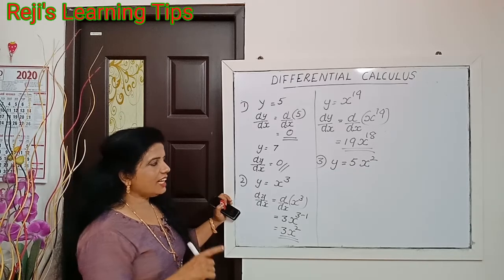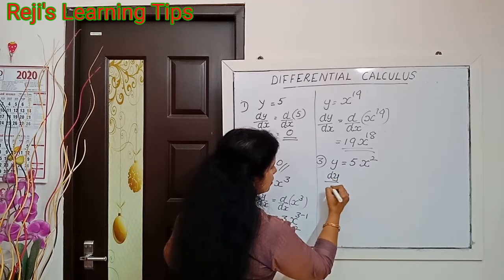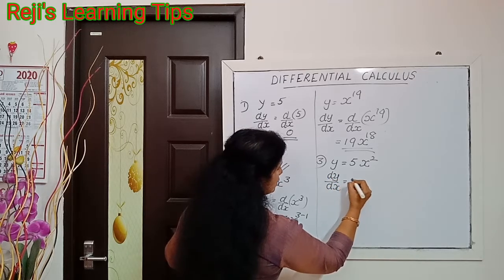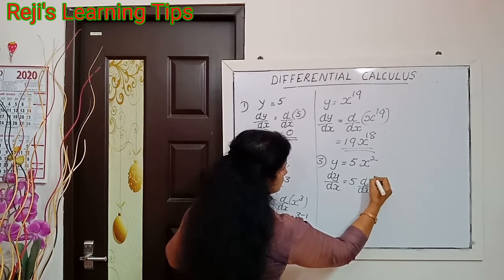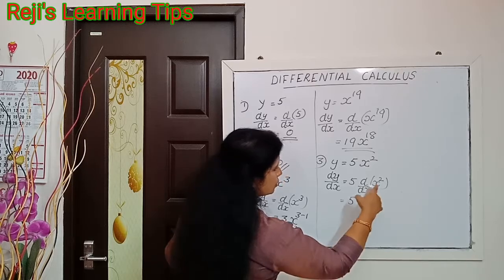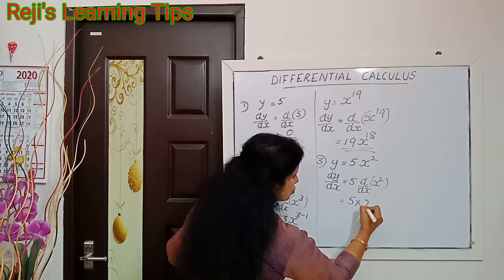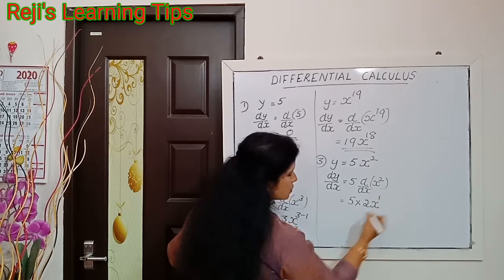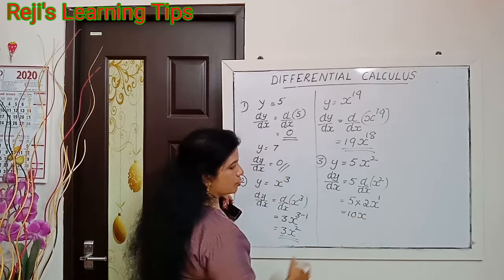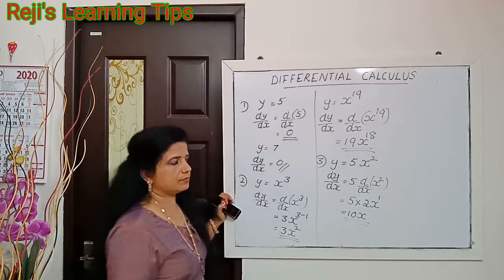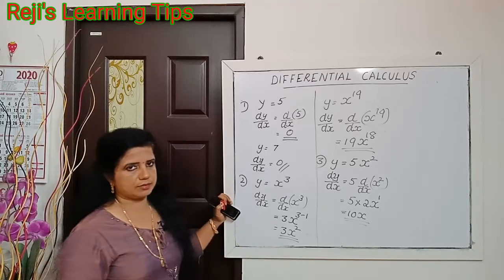Then dy by dx is equal to 5 into d by dx of x square, that is 5 into the derivative of x square, which is 2 into x raised to 2 minus 1, that is 1. So 5 into 2, 10, 10x. So the derivative of 5x square is equal to 10x.